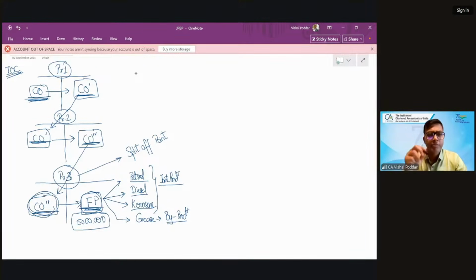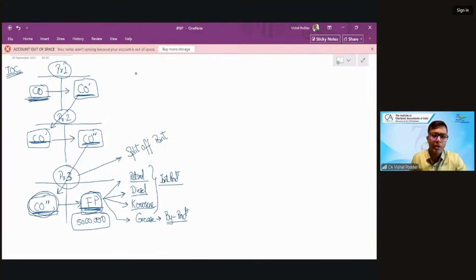Because at this point, the process where the raw material got converted into multiple products, or the single raw material got split into multiple products, that is where we call it the split off point. I hope this is clear.